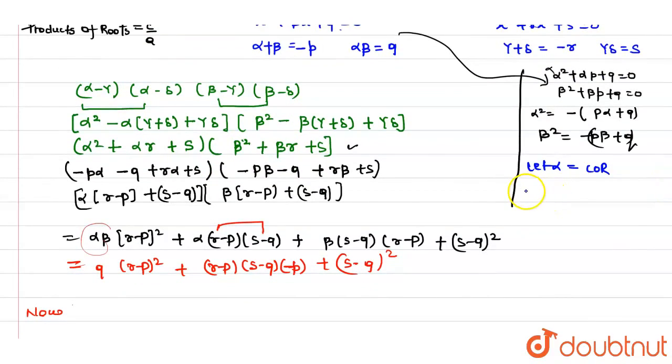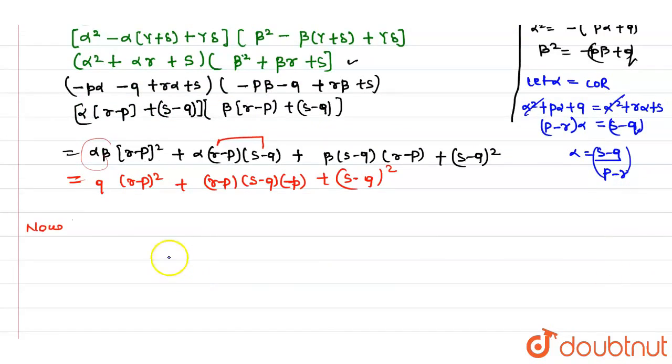That means alpha square plus p alpha plus q should be equal to alpha square plus r alpha plus s. Alpha square cancel out each other. I can say p minus r times alpha is equal to s minus q, or alpha is equal to s minus q upon p minus r, right?